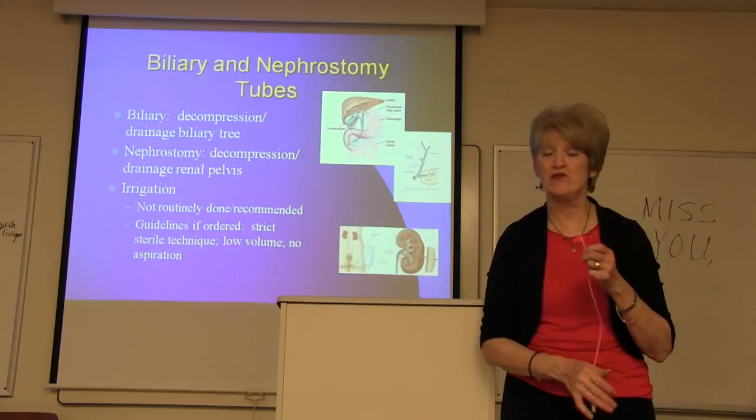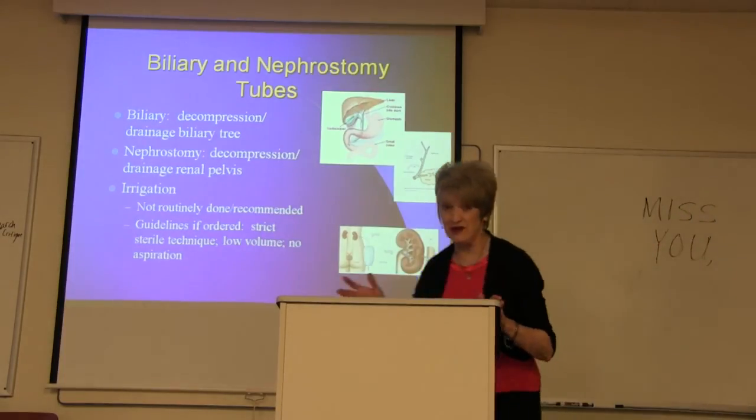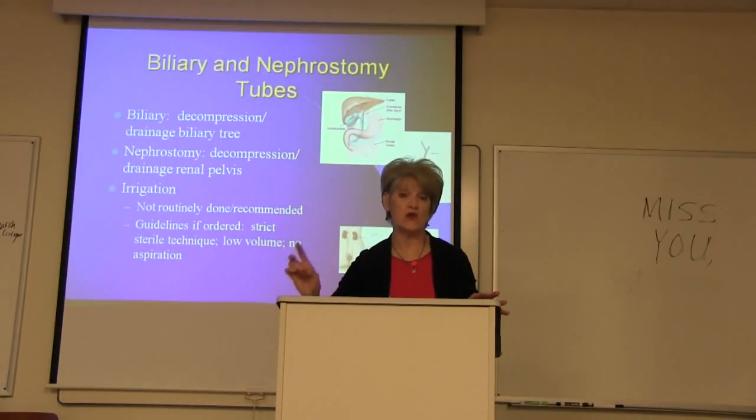So rule of thumb for safety, if you are asked to irrigate a biliary tube or nephrostomy tube, rules are physician's order, strict sterile technique, very low volume, no aspiration.